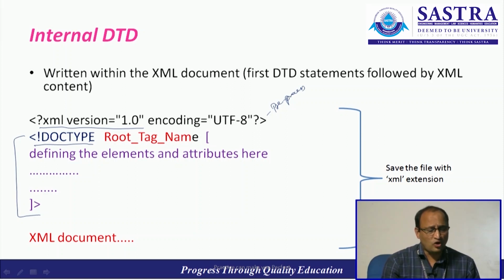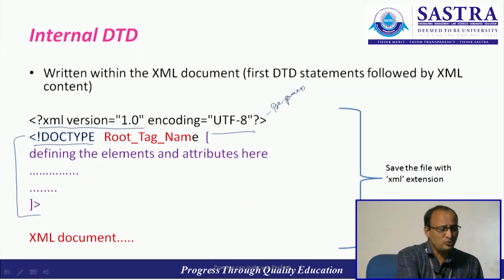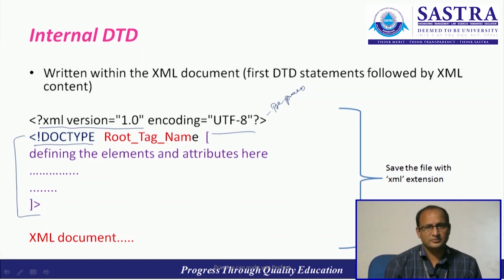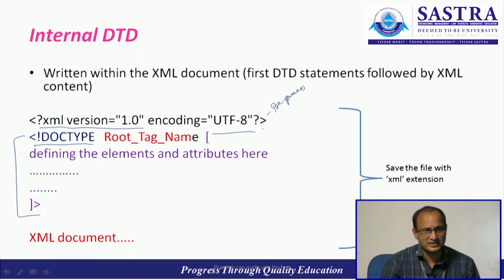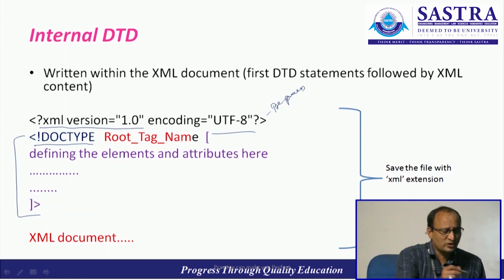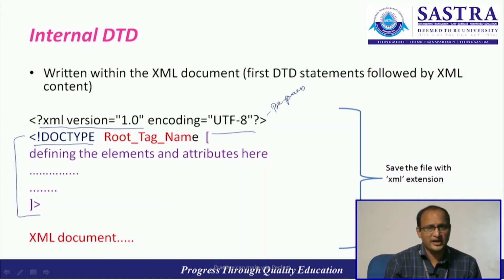So after starting the pre-processing statement <?xml version=1.0 encoding=UTF-8?>, we have to write DTD. Within the DTD, what we have to write, we will discuss. Before that, I am exploring how to create internal DTD for an XML document.